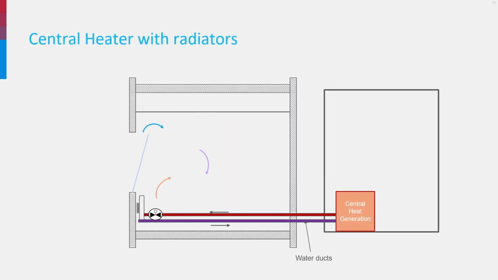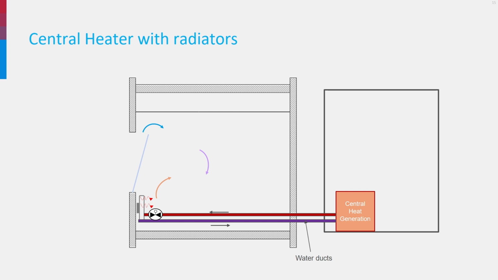Let's make a short inventory of the different distribution systems using a room that you see on the left. On the right, we have the technical room. There is natural ventilation and a radiator connected to the central heat generator, generating hot water that is circulated to the radiator, in which it cools down and then goes back to the heat generator in a closed loop.